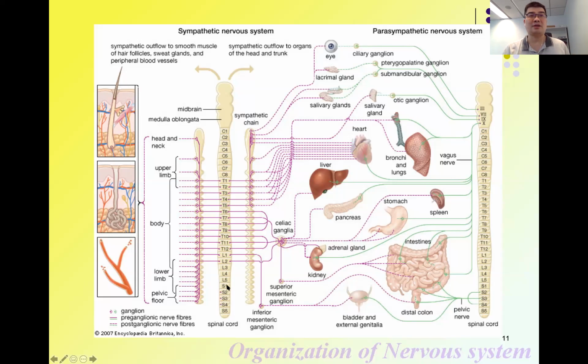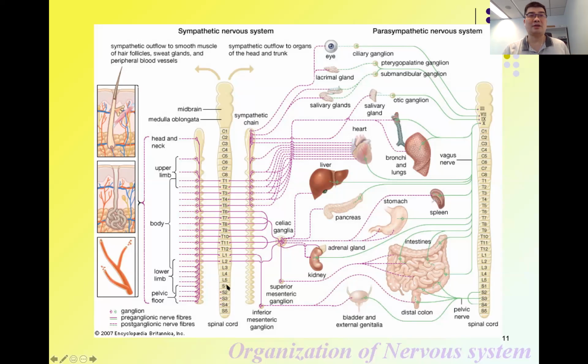Now it's a little bit different from the parasympathetic system, in which those preganglionic neurons are from the cranial region and the sacral region at the bottom as well. Okay, so you can see that from the cranial nerves. Still remember, those numbers are the cranial nerves.